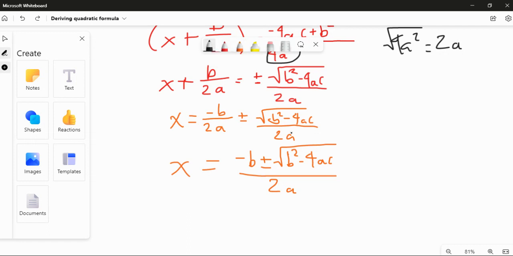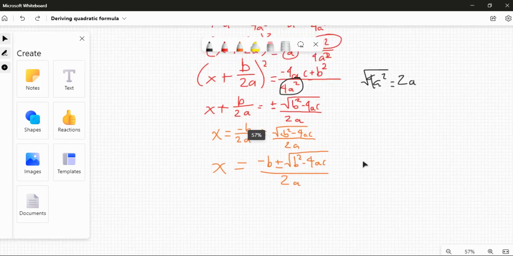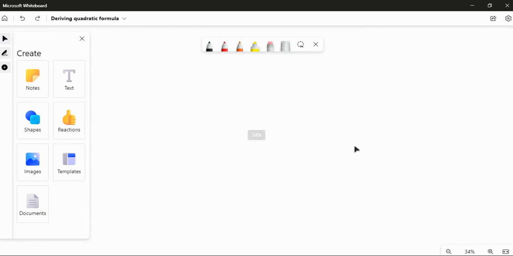And now, let's talk about Vieta's formulas. When we're talking about Vieta's formulas, we're still talking about quadratics: ax squared plus bx plus c.